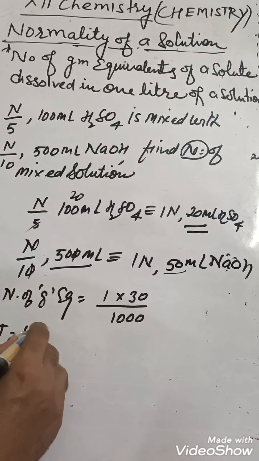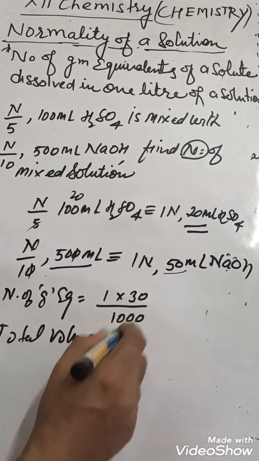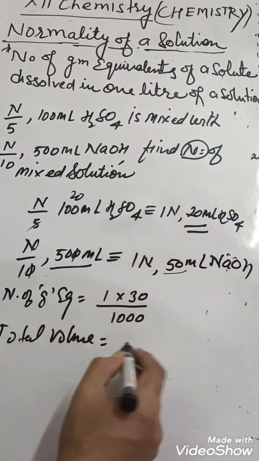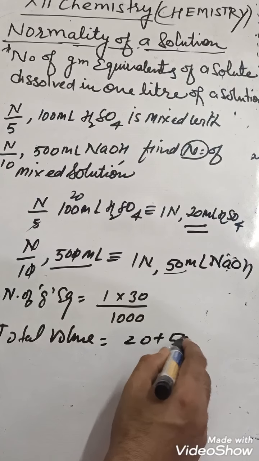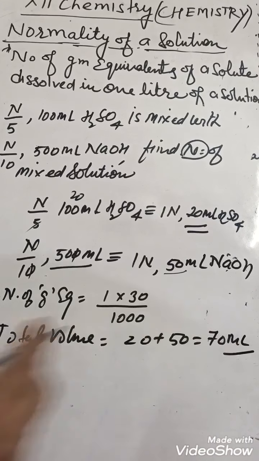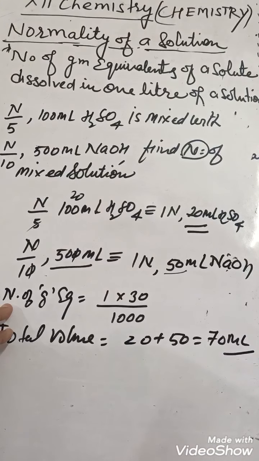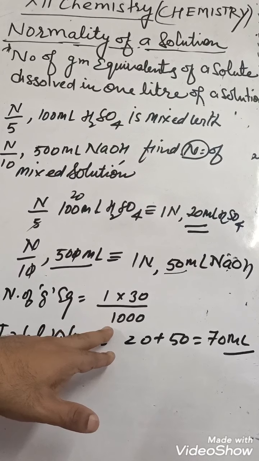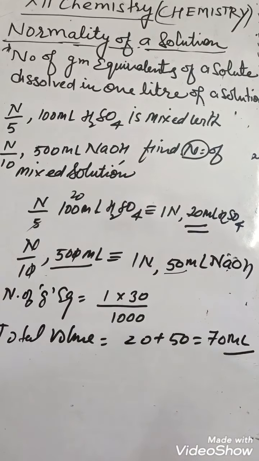And total volume after mixing is 20 plus 50, equal to 70 ml.